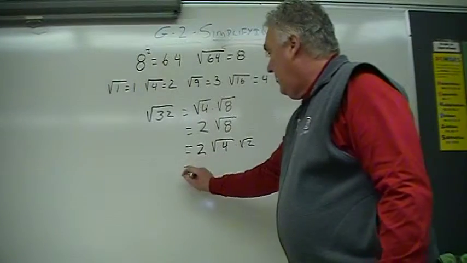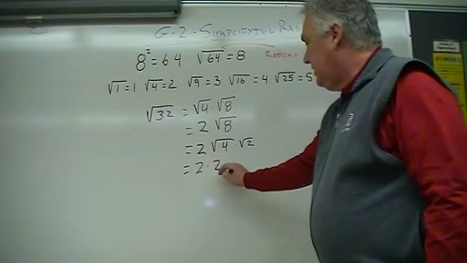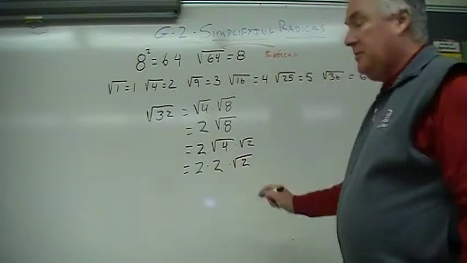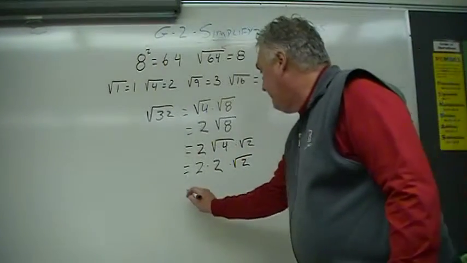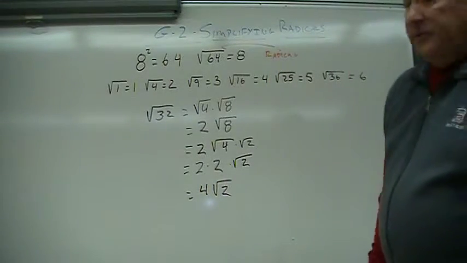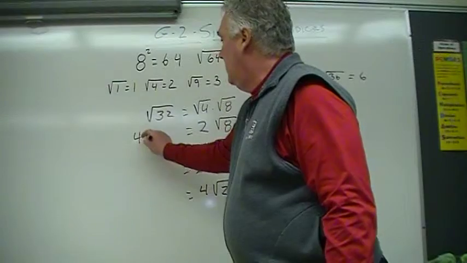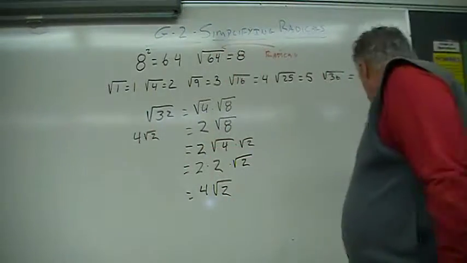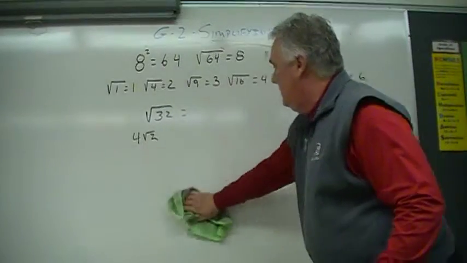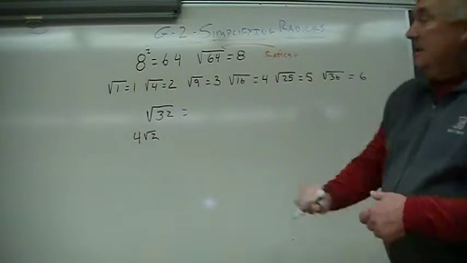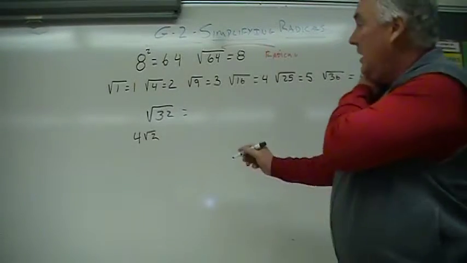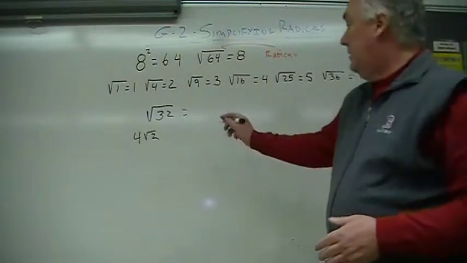So now we have 2 times 2, because the square root of 4 is 2, times the square root of 2, which is 4 times the square root of 2. I'm going to write that right there, because if you realize that 16 goes into 32, you could have made your life a lot easier.